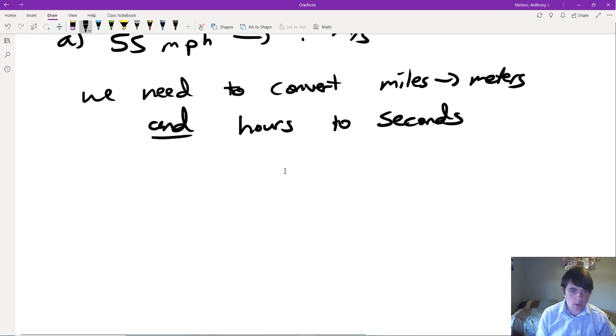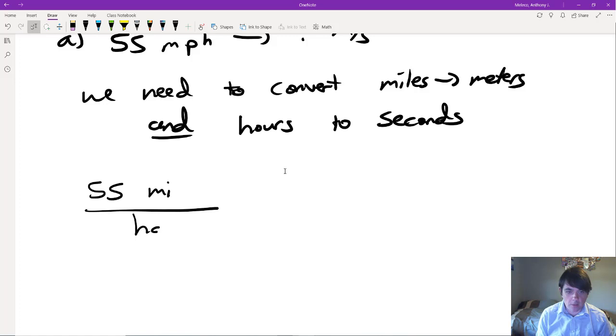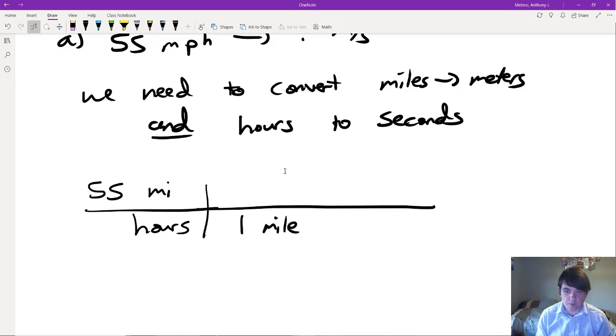Well, I'm going to write 55 miles, and then on the bottom I will write hours. So the very first thing we're going to do is write the conversion from miles to meters. In 1 mile, there are approximately 1609 meters.